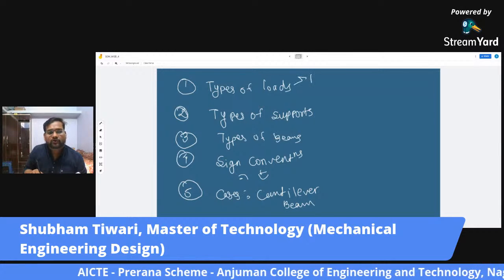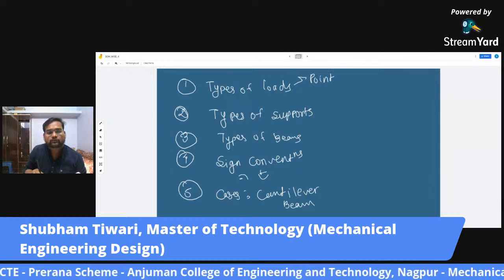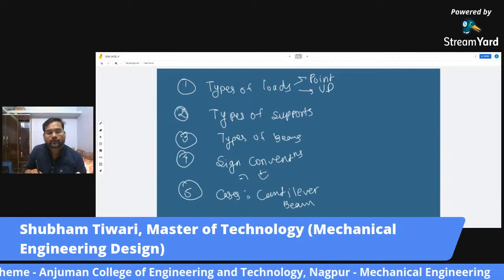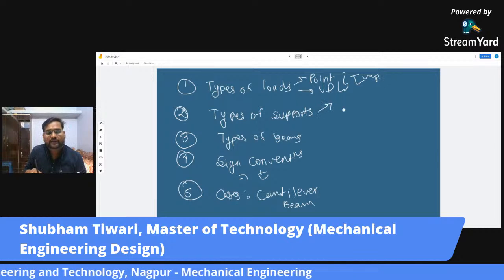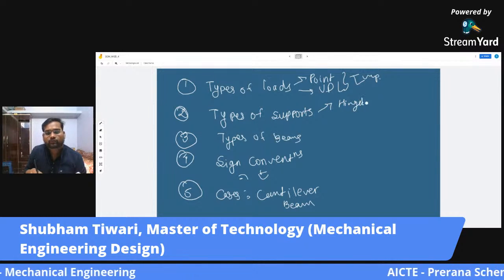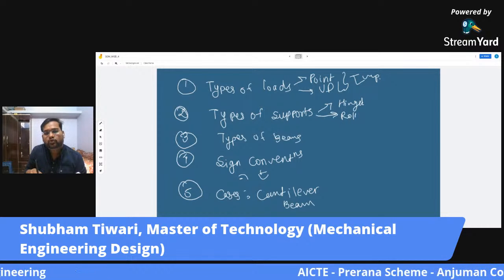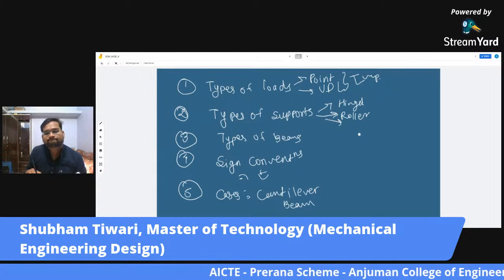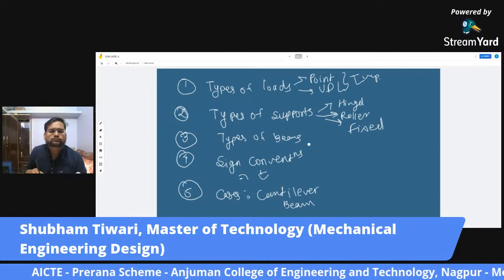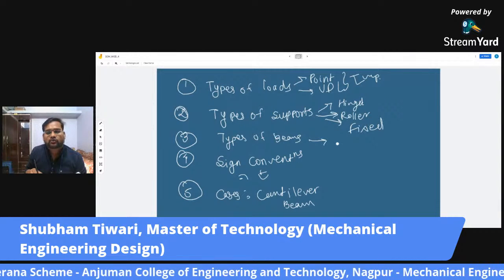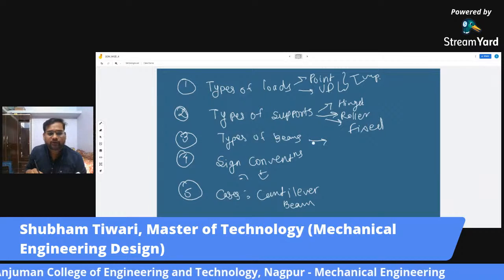What are the types of load? Point load, UDL. These two are important from exam point of view. What are the types of support? Hinged, roller, and fixed. There are two beams which are important from our exam point of view.